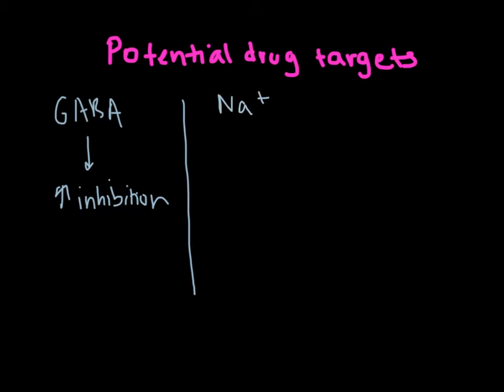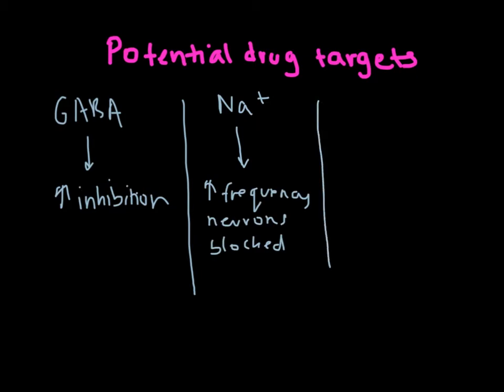So neurons that are firing at a high frequency are going to be targeted and they're going to be blocked. Our last target for today are the calcium channels, and most specifically these are the T-type, because these provide the pacemaker potential that's within the thalamus, and it's responsible for absence seizures. So if we target this site, we can treat absence seizures.